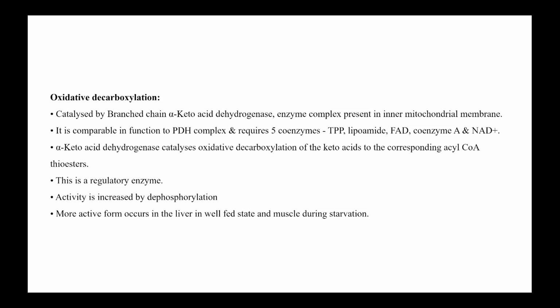So this is the second step of the catabolism of branch chain amino acids. After transamination, the second reaction is oxidative decarboxylation. This reaction is catalyzed by the branch chain alpha keto acid dehydrogenase enzyme complex, and this complex is present in the inner mitochondrial membrane.